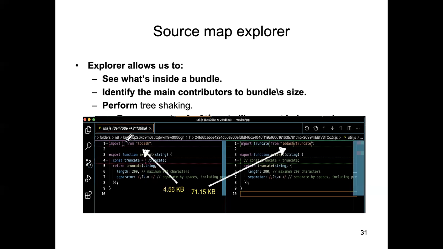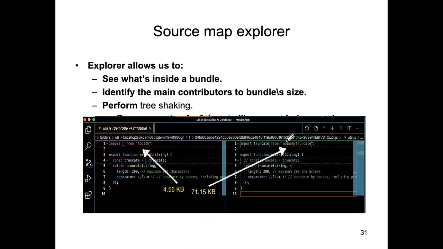So instead of doing this import, it has to be static. You can't be dynamic because we don't have control over the library. Instead of doing that import, I changed my import to look like this. The particular function within Lodash that I happened to be using was a function called truncate.